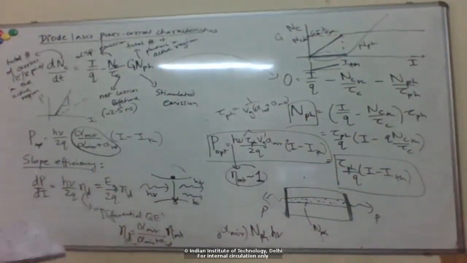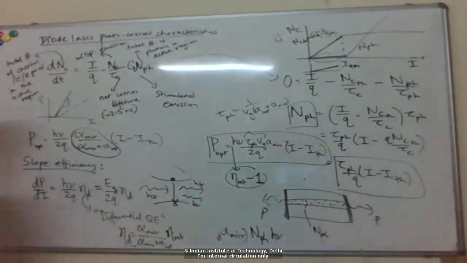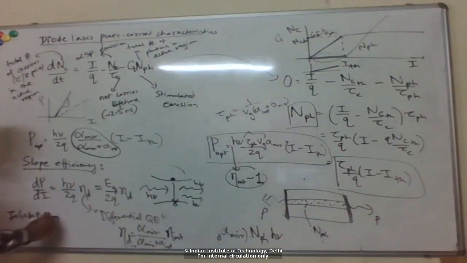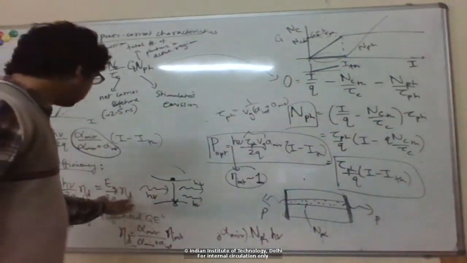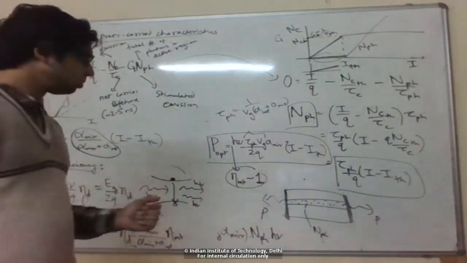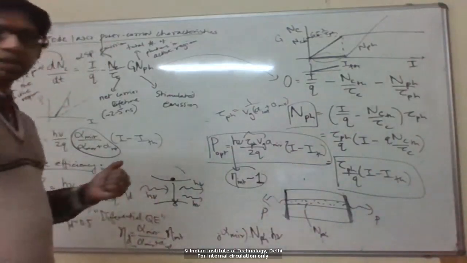Typically, this differential quantum efficiency for InGaAsP lasers for telecom devices is about 50%. This is like the total efficiency that we had for the LED.